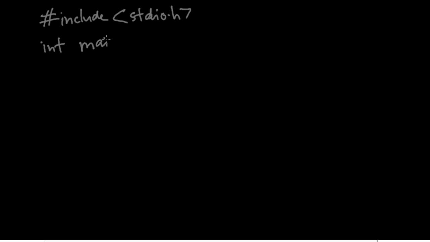Now let me write the whole piece of code for the program that checks if the user passes or fails. The first line is always include stdio.h. The next line is to create a function, the main function. The first few lines would always be variables.